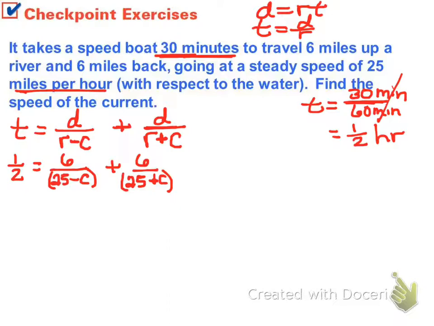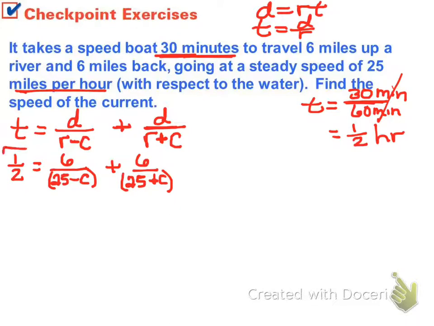Now, because this is a more complex rational equation, to simplify it we would need to multiply by the lowest common denominator. We have two denominators, 25 minus c, 25 plus c, and we also have the 1/2, the denominator of 2. So your lowest common denominator here would be 2 times the 25 minus c times the 25 plus c.